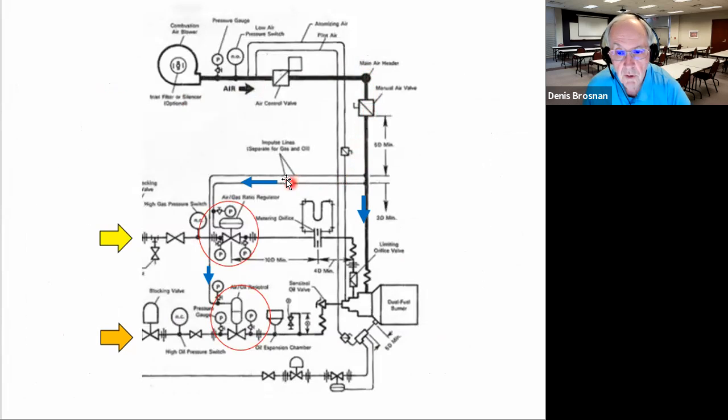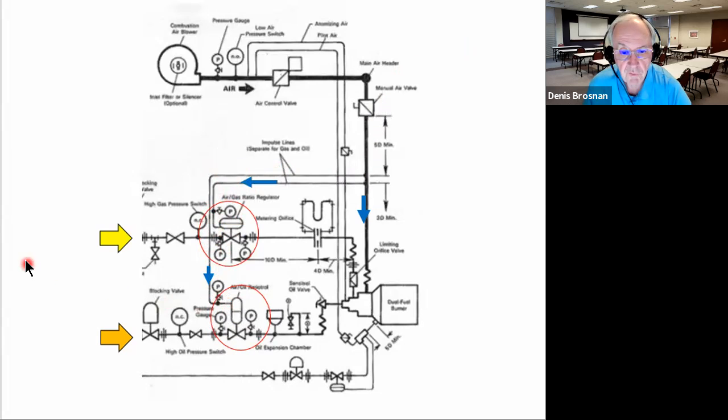I've used the little blue arrow to show the air coming down to the burner. Of course, there's also air coming to the pilot light on the burner. Then there's an air impulse coming over. The blue arrow is coming down to the gas system. There's another impulse, blue arrow, coming down to the oil system for the ratio regulators to control either gas or oil in combustion.